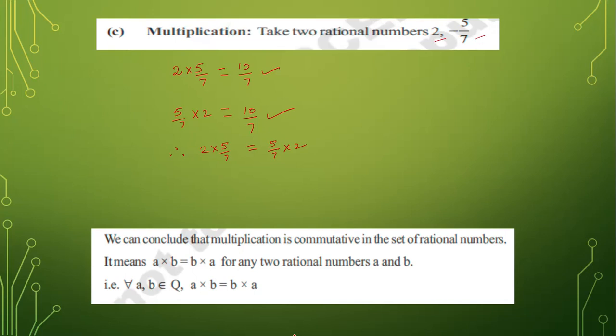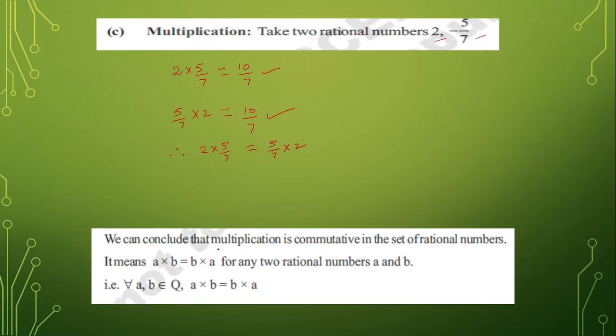Now we conclude that for any two rational numbers a, b, a into b is equal to b into a. Multiplication is commutative in the set of rational numbers. That is written at the bottom of the page.